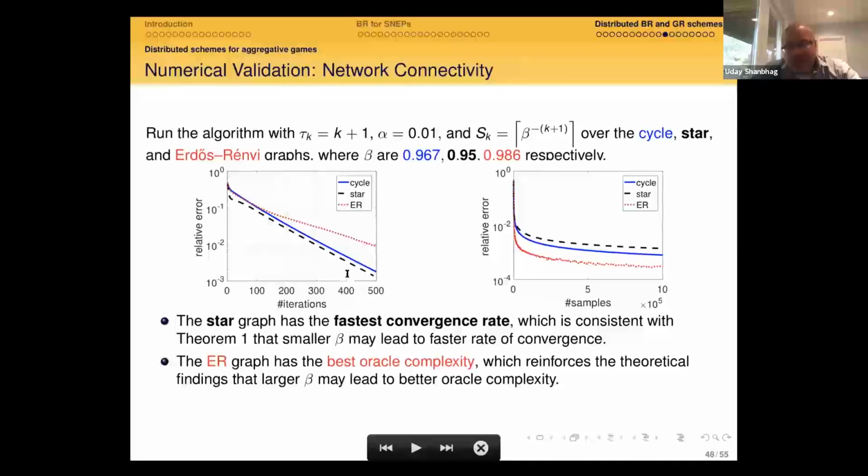If you compare across graphs, remember that the consensus error decays at a geometric rate, but the base for that is beta, which is derived from the eigenstructure of the graph. If you look at the star graph, that has the best beta, and you can see that shows up in terms of relative error.